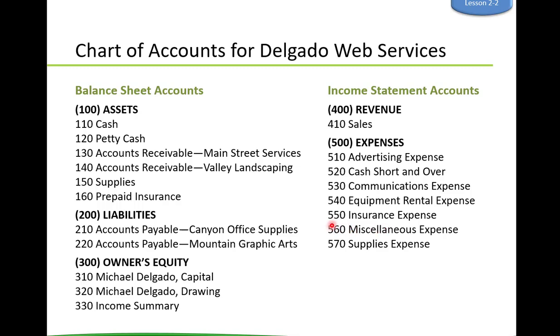Some things that will not happen very frequently may be grouped together, like the miscellaneous expense. I think it's in chapter 6 that we go over cash short and over. And then your supplies expense is down here. This list is not exhaustive. That means there's more things that can be added, and it will change by the business, depending on what the business owner feels they need.